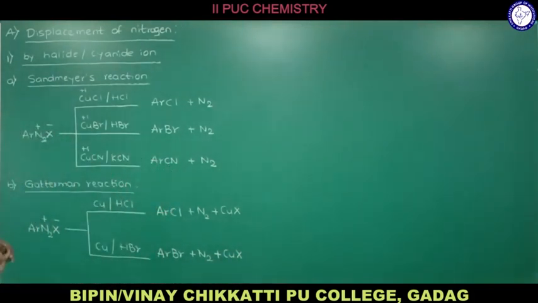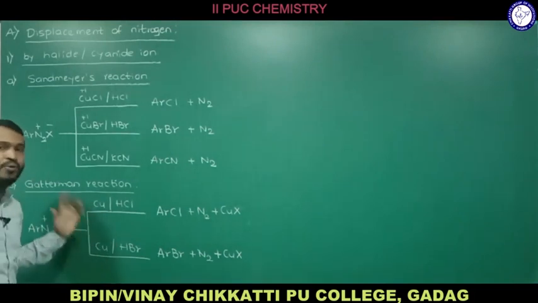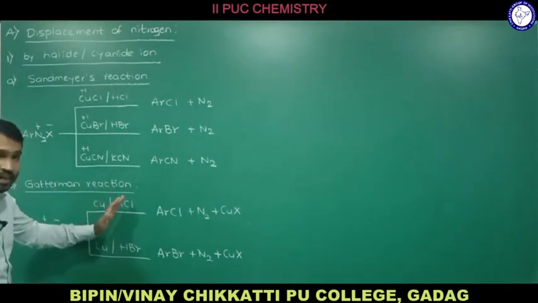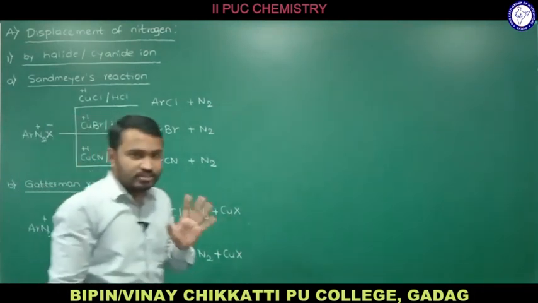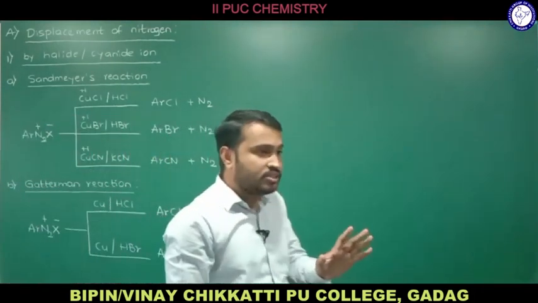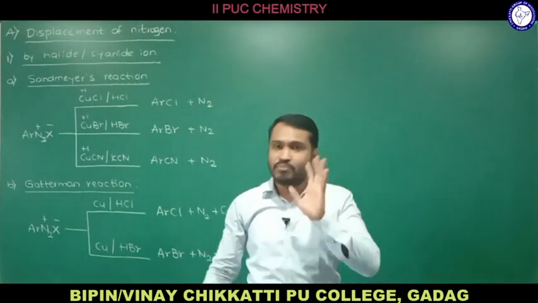This is almost the same as the previous one, the Sandmeyer reaction. When the arene diazonium salt reacts with copper powder with respect to halogen acids, we get chlorobenzene or bromobenzene. So this reaction is termed as the Gattermann reaction.